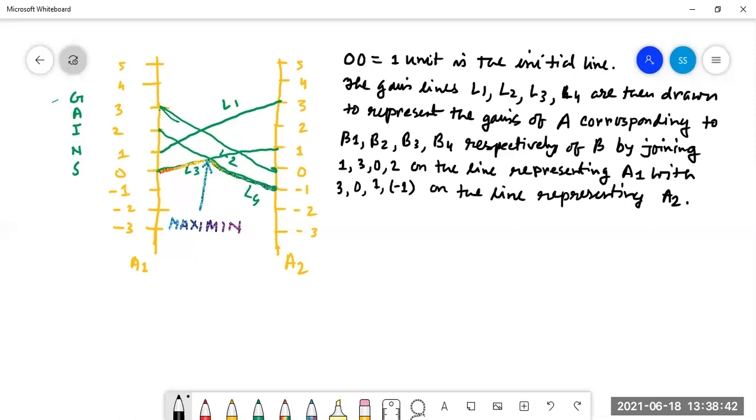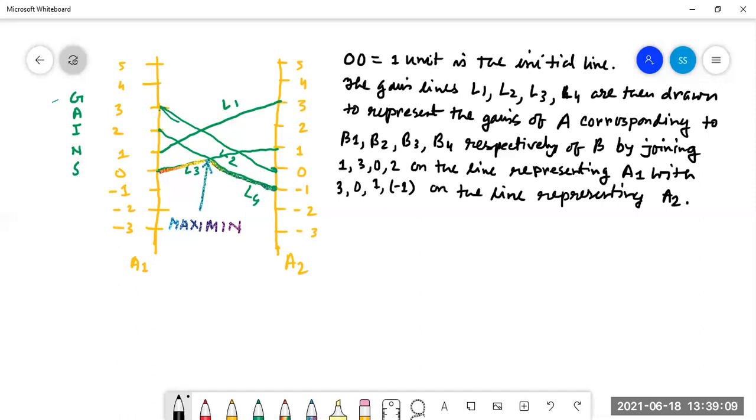Look at here, 0 0 is the 1 unit, 0 to 0 1 unit distance, and that is taken as the initial line. The gain lines are here L1, L2, L3, L4. These are the gain lines drawn to represent the gain of A corresponding to B1, B2, B3, B4 respectively of B by joining 1 3 0 2 on the line representing A1 with 3 0 1 minus 1.